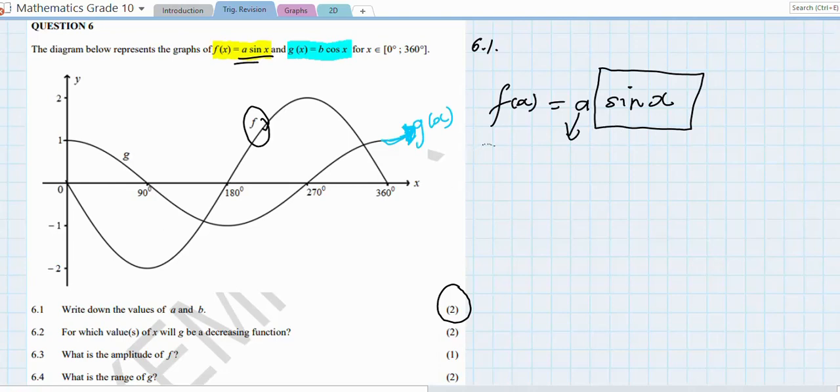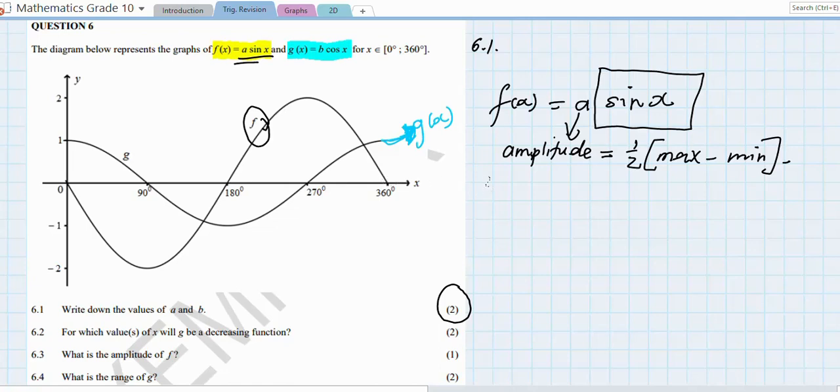That coefficient always represents the amplitude for a sine graph. It always represents the amplitude, and the amplitude has a formula. How do we find the amplitude? The amplitude is equal to half of the maximum value minus the minimum value. We all see that? Easy as that.